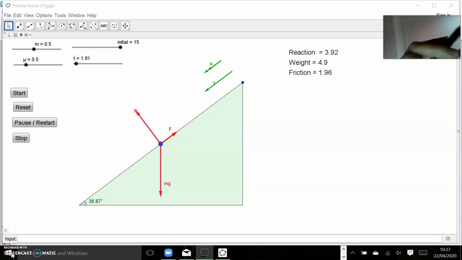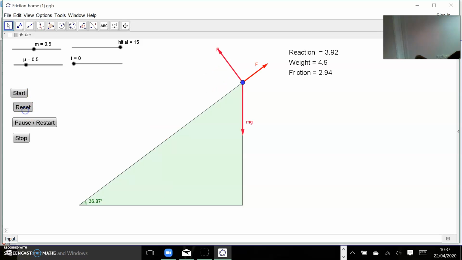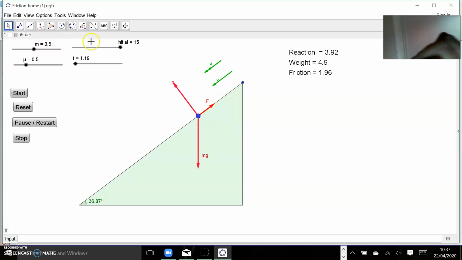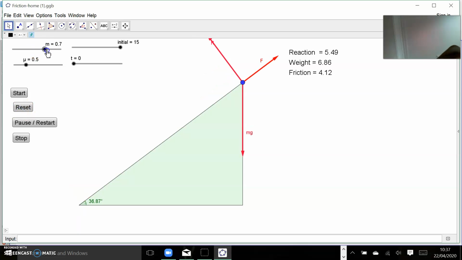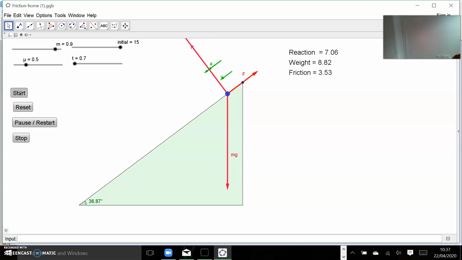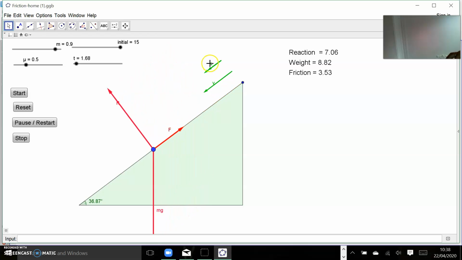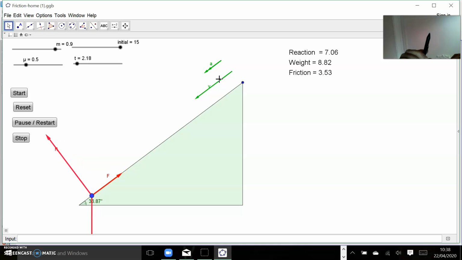I might just mention that in my model here, if you see that moving down the plane, I've set m as 1/2. If I were to change m, make it much bigger, remember, the forces are bigger, but the acceleration and the velocity, if you see, doesn't change.